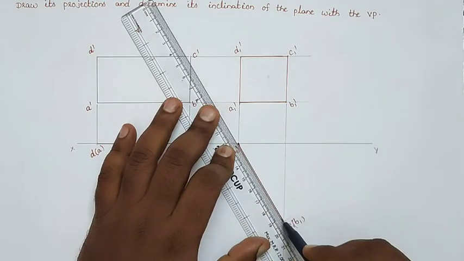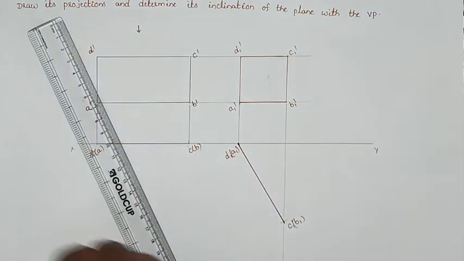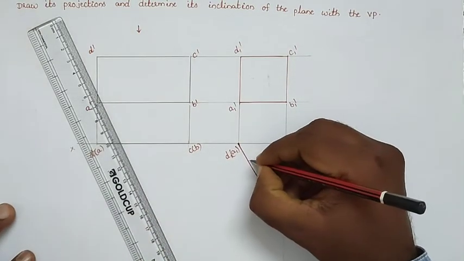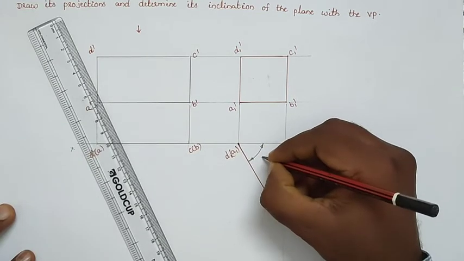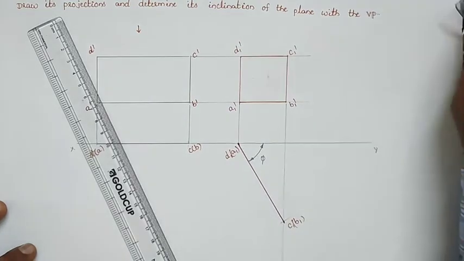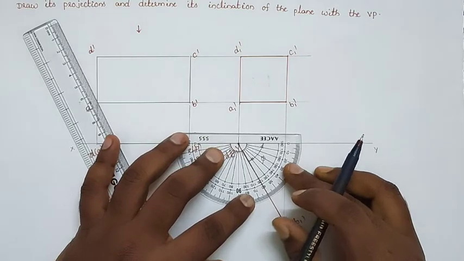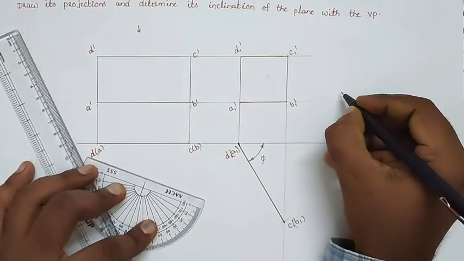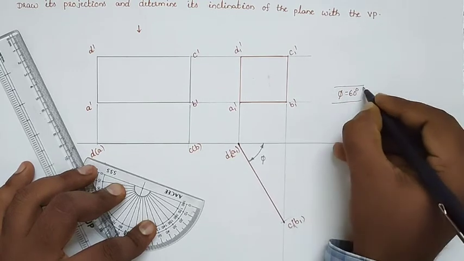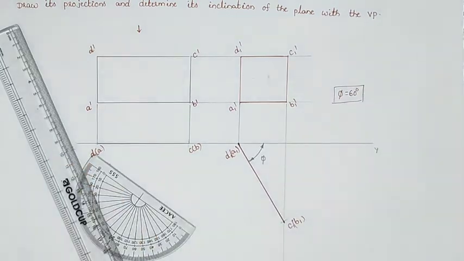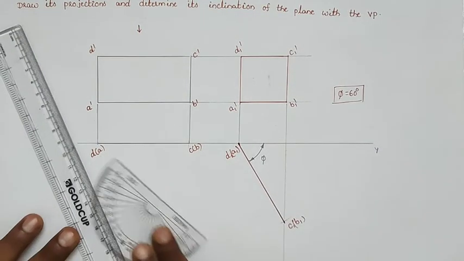What they are asking here is to determine the inclination of the surface with respect to the VP. That means they are asking for this inclination. So we can find out that inclination, and we will get phi equal to 60 degrees. This is also one of the examples for a plane surface inclined to the VP.